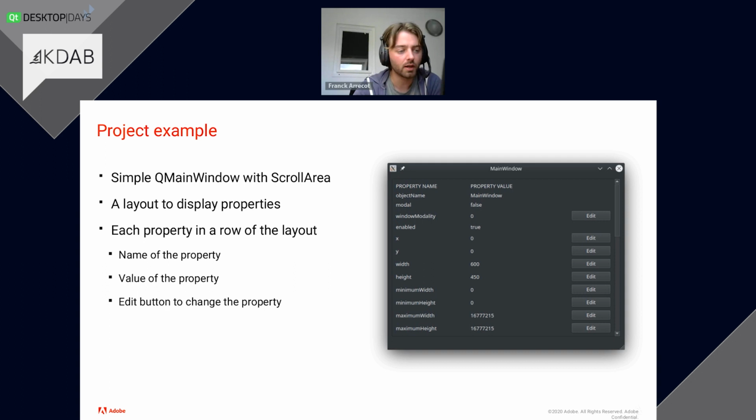Okay, so what is this example all about? If you look here, it's a simple QMainWindow, basically displaying two columns with property name and property value, and potentially a button. I'm going to get back to that later. The main window in Qt, you might not all be aware of it, has properties.